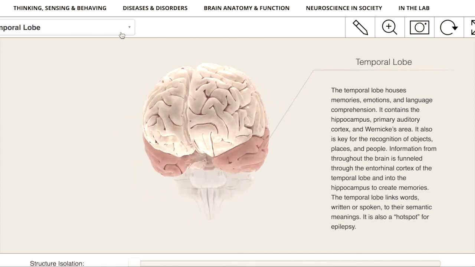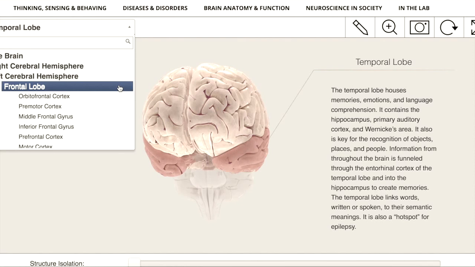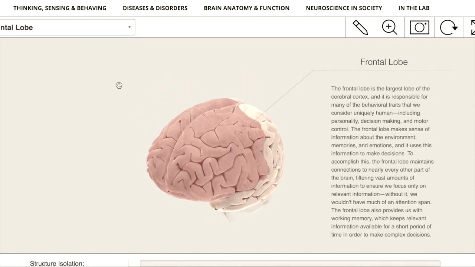And then the last thing we're going to talk about are the frontal lobes, which, as you can see, are huge. More than 1/3 of all of the cerebral hemispheres are taken up by the frontal lobes because of their important role in human behavior.